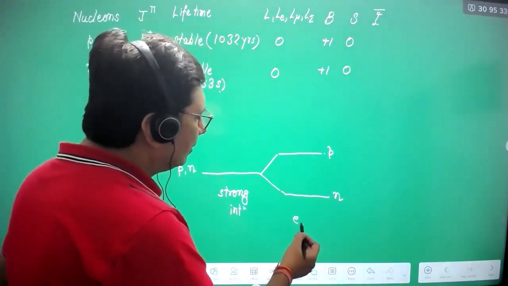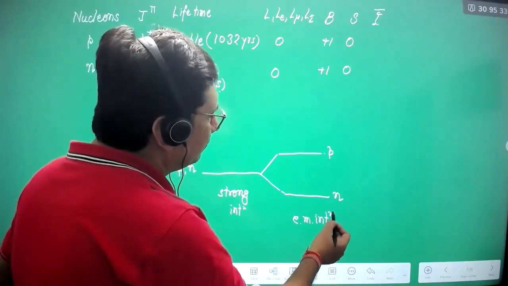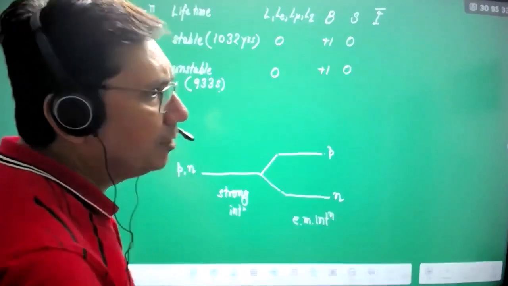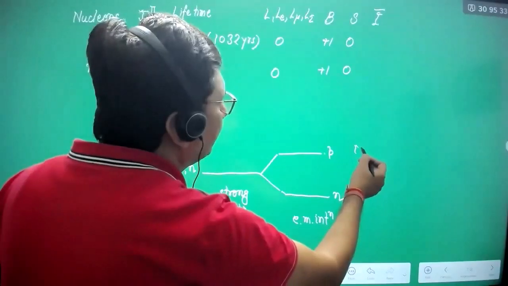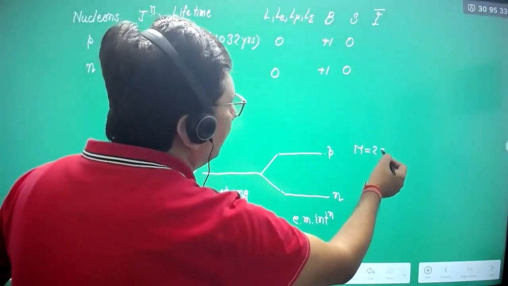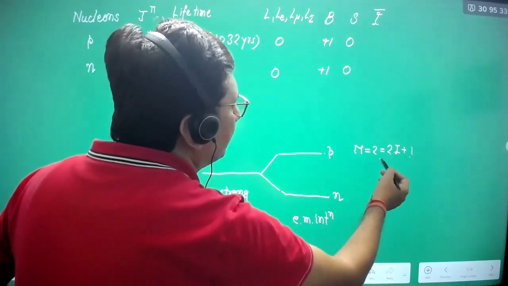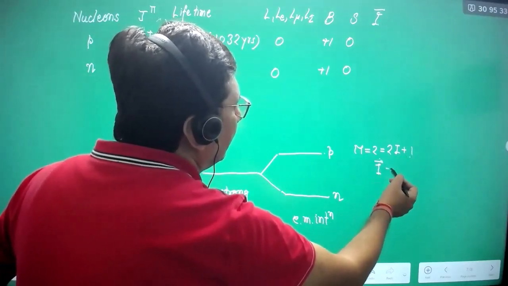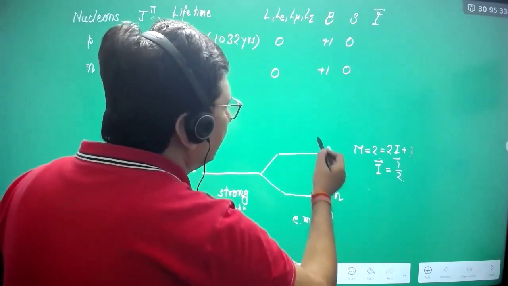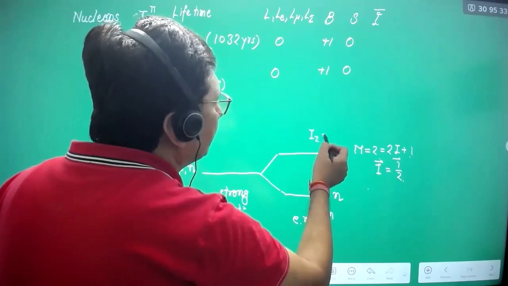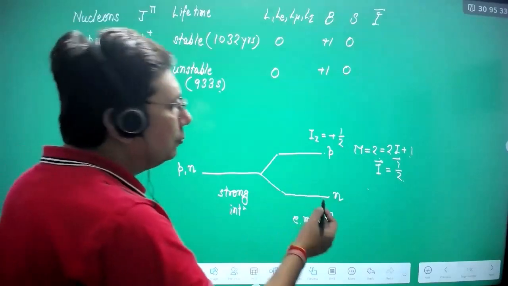So in EM interaction, a single particle state is split into two. The multiplicity is 2I plus 1, so I will be 1/2 here. I_Z for proton will be plus half because the proton carries higher charge and the neutron is neutral.